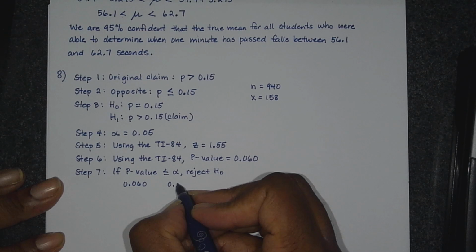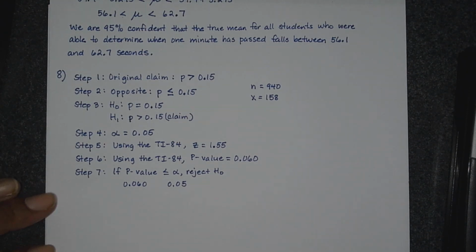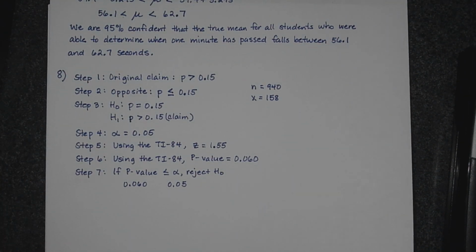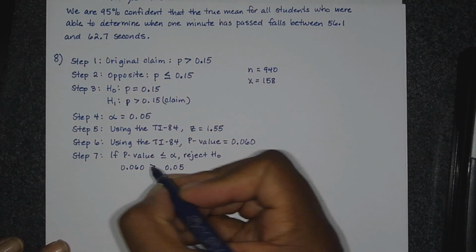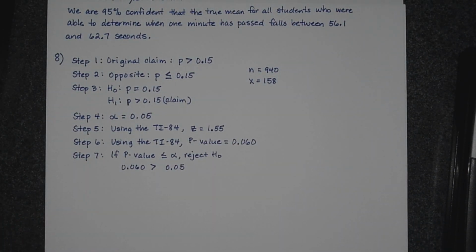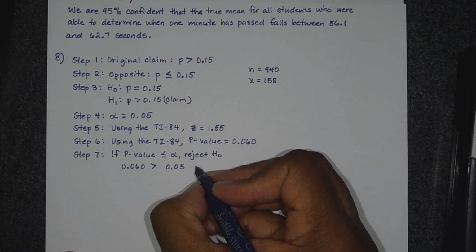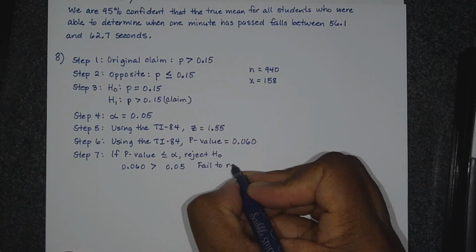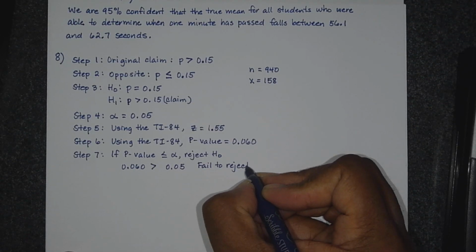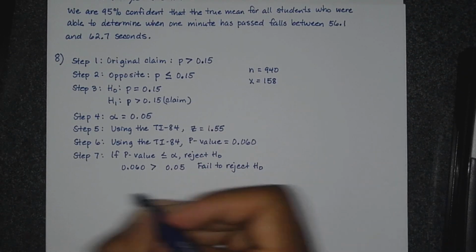The level of significance was 0.05. Is 0.060 greater than or less than 0.05? It is greater than. So it does not satisfy the decision rule, so that means we need to fail to reject the null hypothesis.